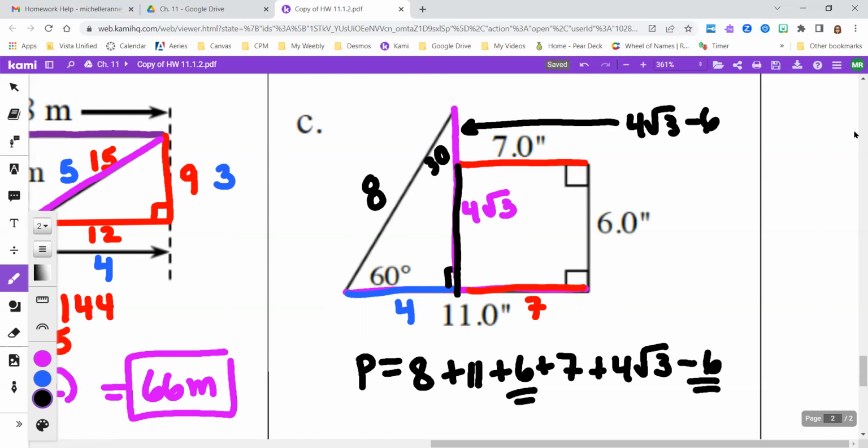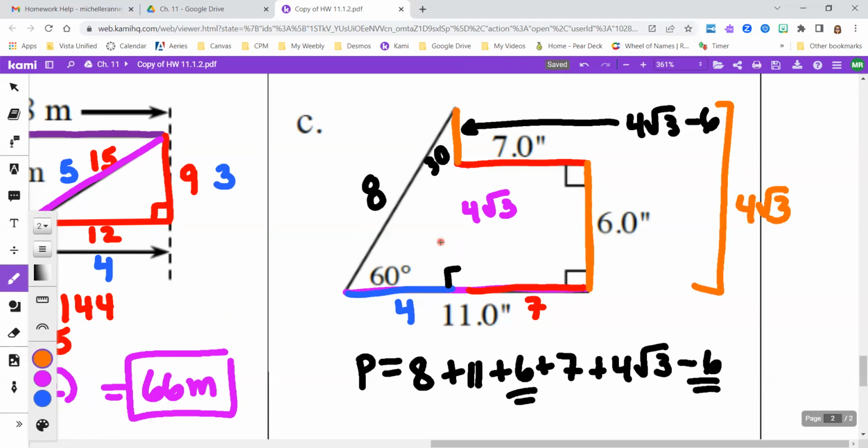So another way to think about this, and I kind of showed us this at the beginning of the year, was if this whole piece here is a 4√3, then this and this together would be that whole 4√3.